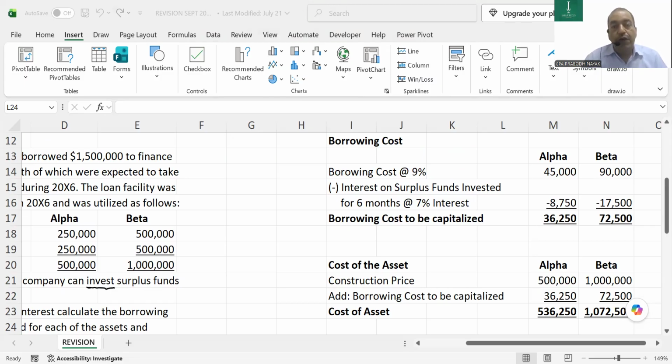The remaining half has been invested outside, and we are receiving interest on that. So to the extent we are receiving the interest on the investment, we deduct that. Okay? Because it is reducing our cost now. When we are receiving interest, our cost is being reduced. Correct?